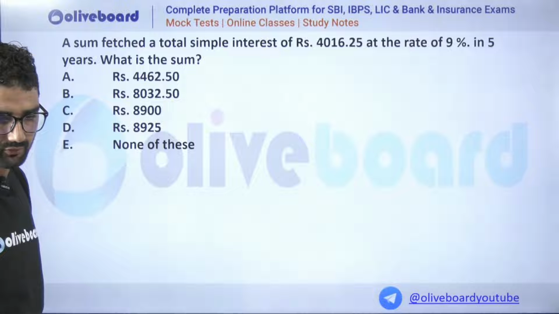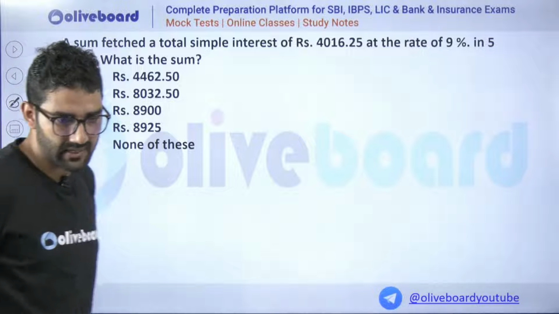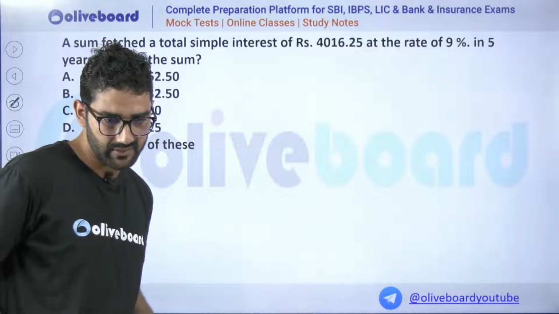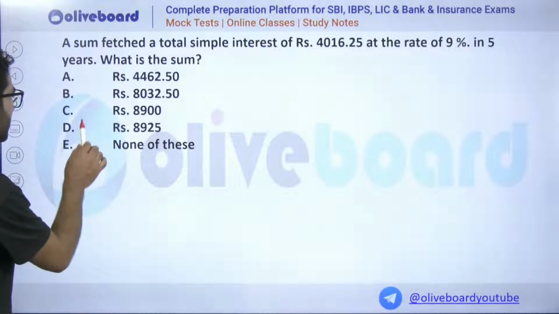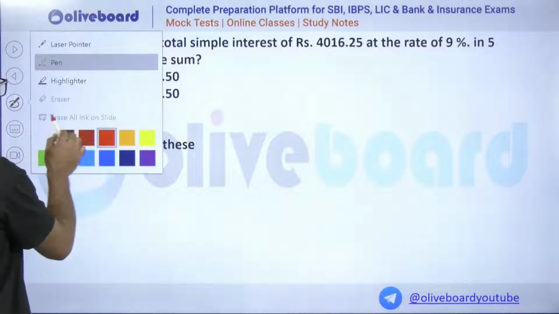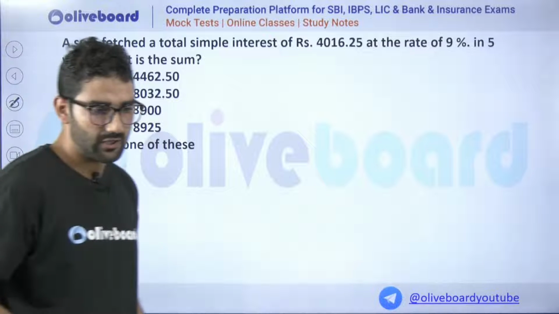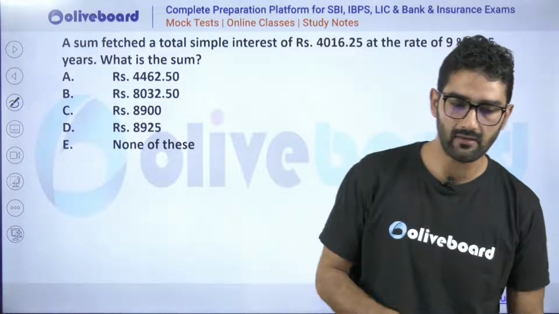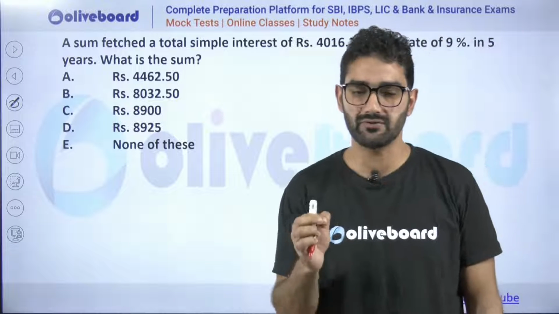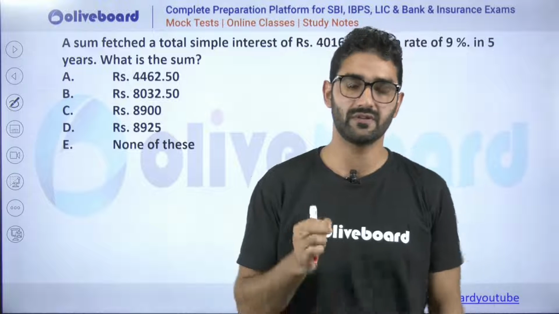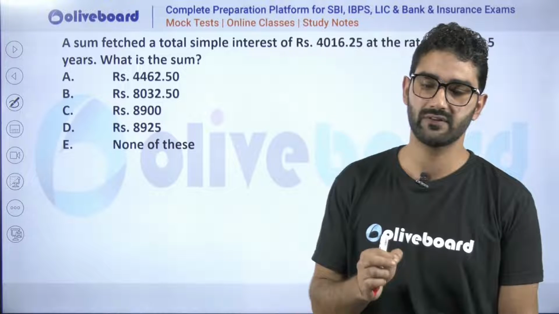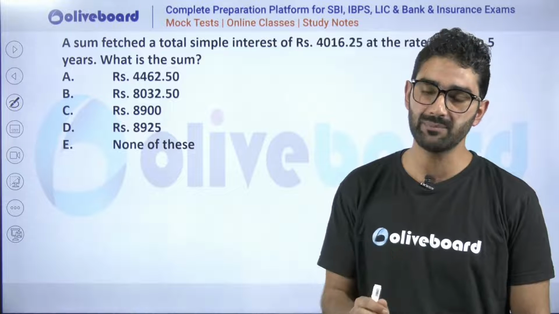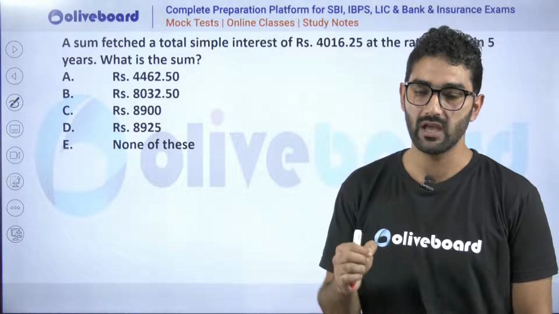Let's solve this question. There is a confusion regarding options C and D. If you read the question very carefully, it says a sum fetched a total simple interest of rupees 4,016 and 25 paise at a rate of 9% per annum, in 5 years.